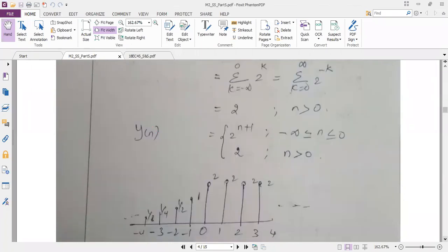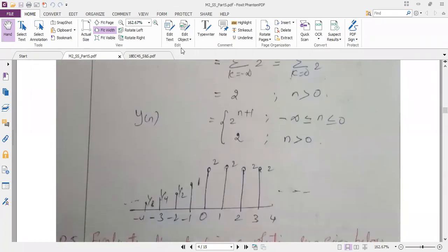Writing the output is not sufficient. I have to plot it also. So if you see here, from minus infinity to 0, I have 2 power n plus 1. Let me take the origin. Origin is 0. If n is equal to 0, 2 power 1 is 2.